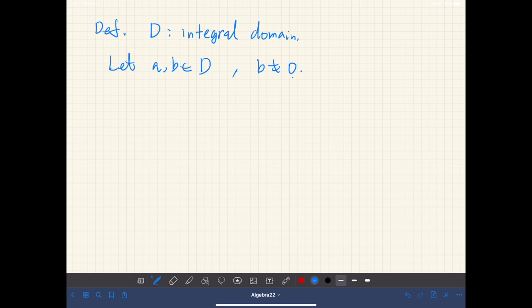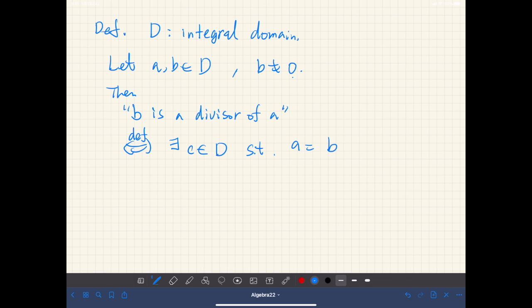Then we say B is a divisor of A if and only if there exists an element C in D such that A is equal to B times C. Just like integers, we define a divisor in this way.